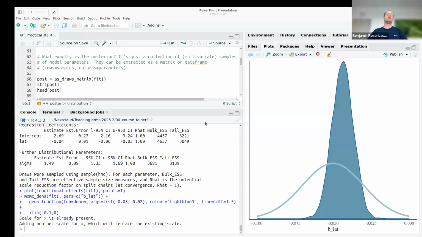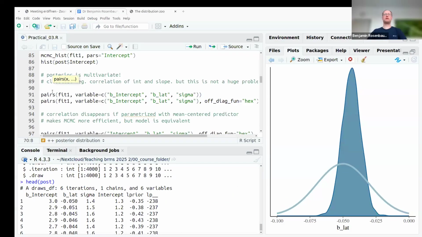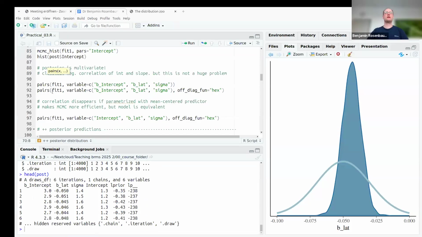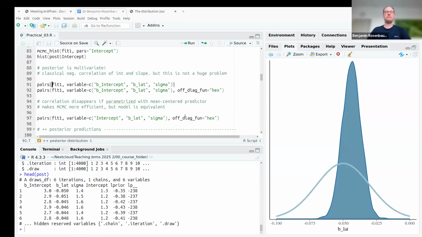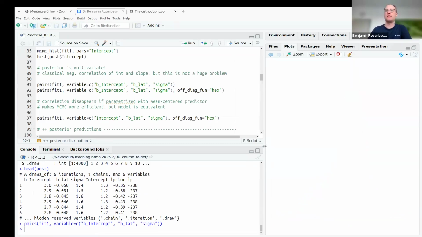You can extract the samples in the form of a data frame or in the form of a matrix. We've seen that the posterior distribution is a multivariate object, so we can also plot this in a more multivariate way, for instance with a pairs command.